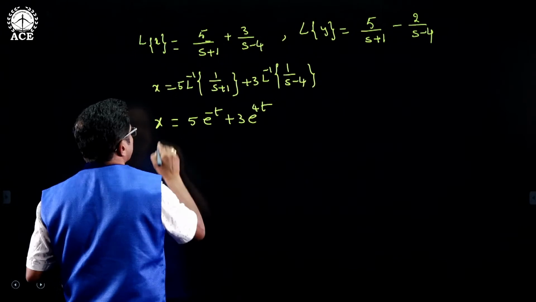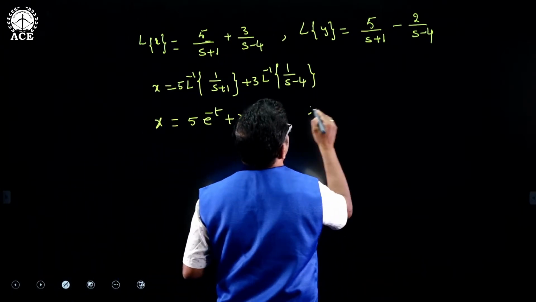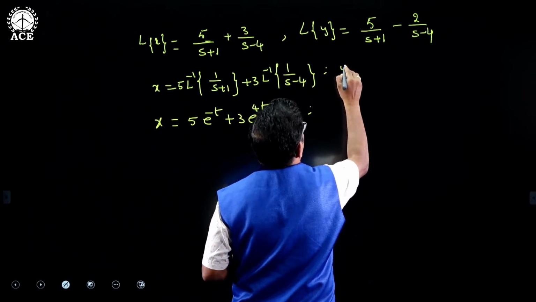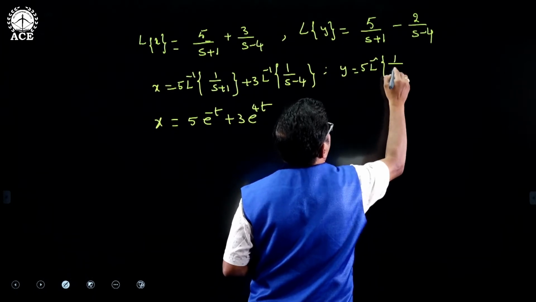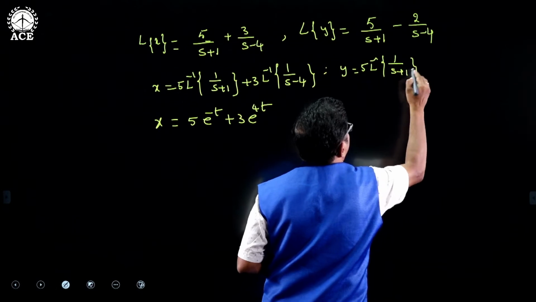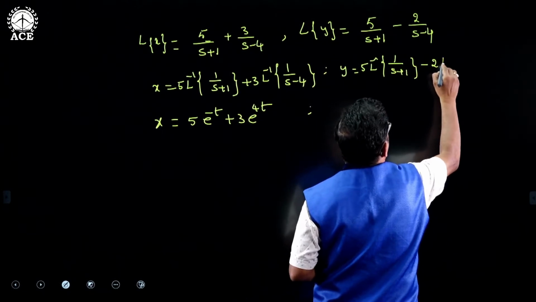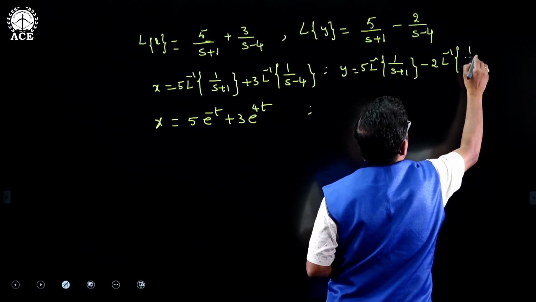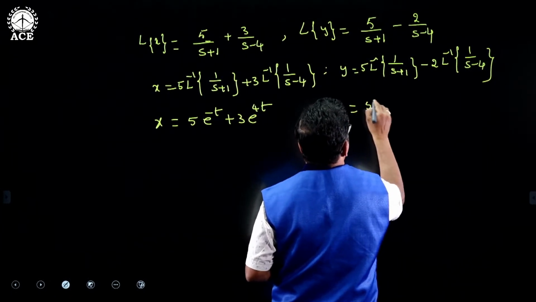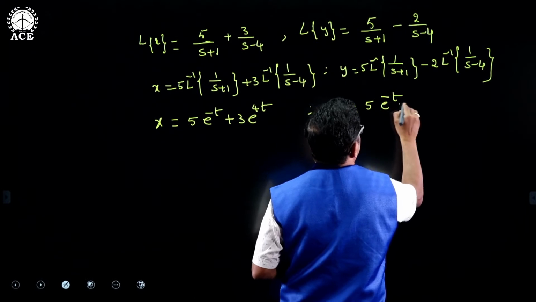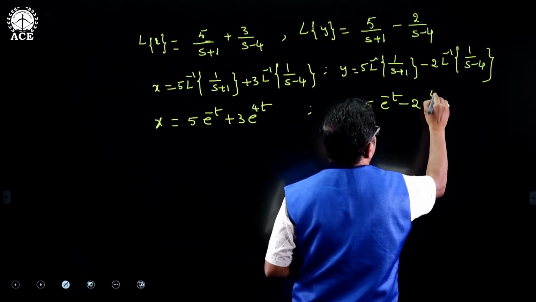Okay, this is x. Here y equals 5 into L inverse of 1 by s plus 1 minus 2 into L inverse of 1 by s minus 4, which is equal to 5 into e power minus t minus 2 into e power 4t.